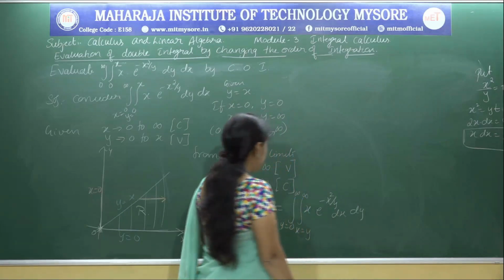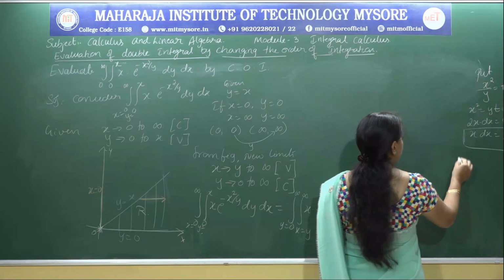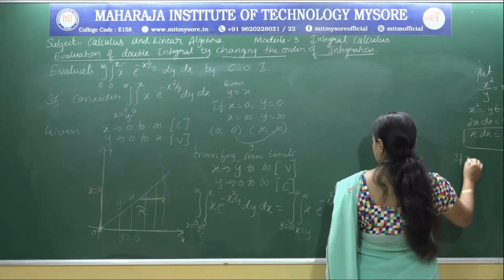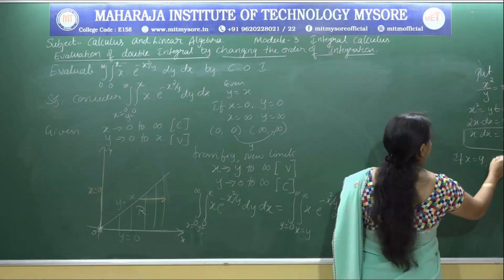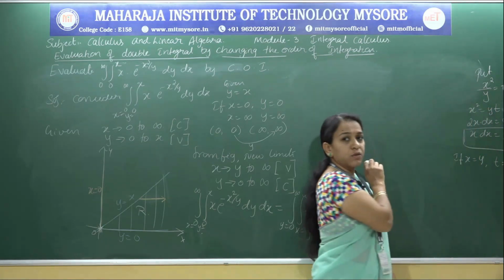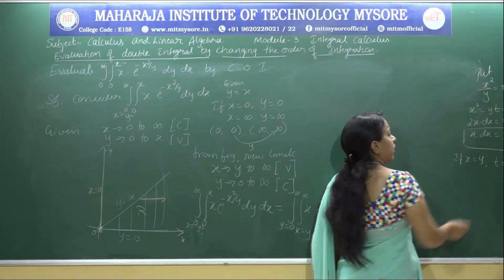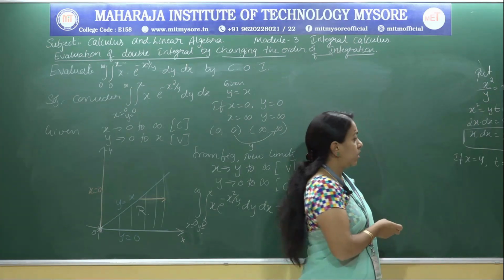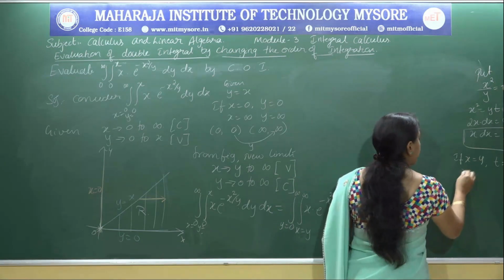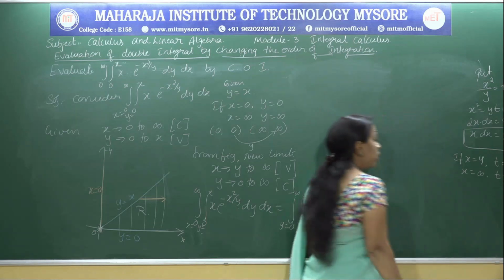And what about the limits? Limits also change. If x equals y, our t equals y. If I substitute x square by y, we have y square by y, so one y gets cancelled, and t remains y. And if x equals infinity, t is also infinity.